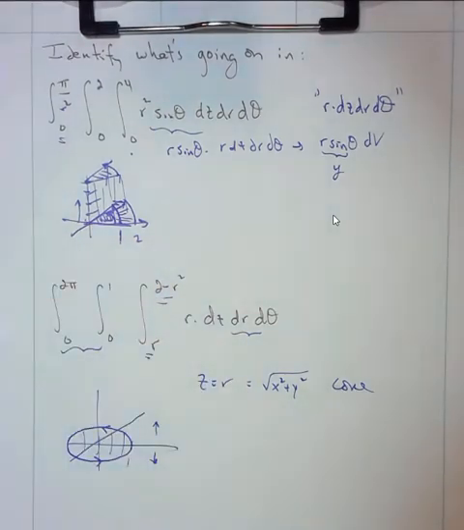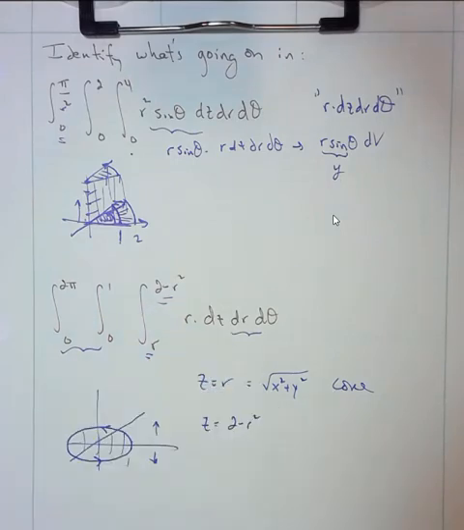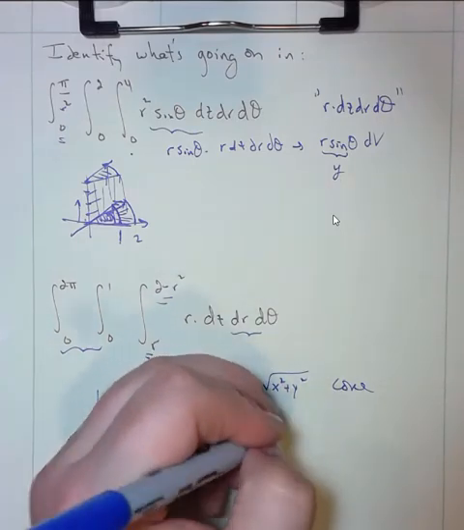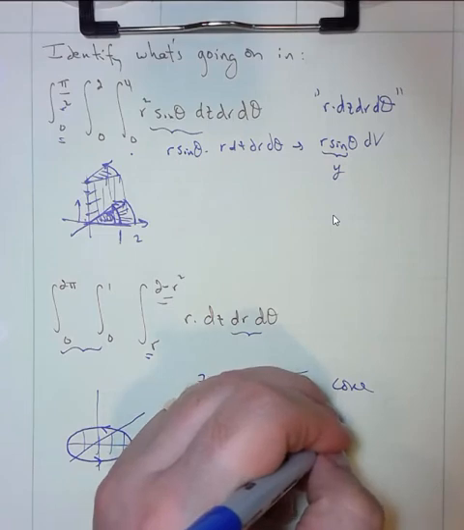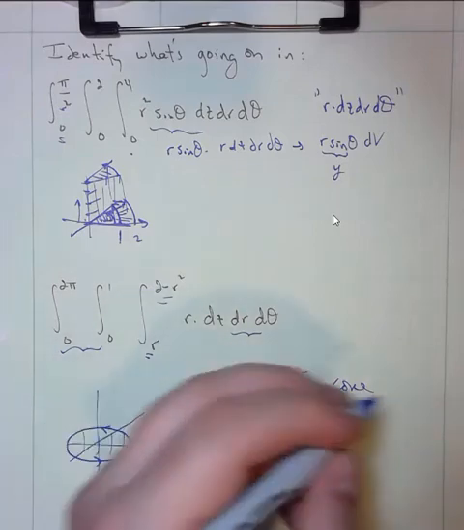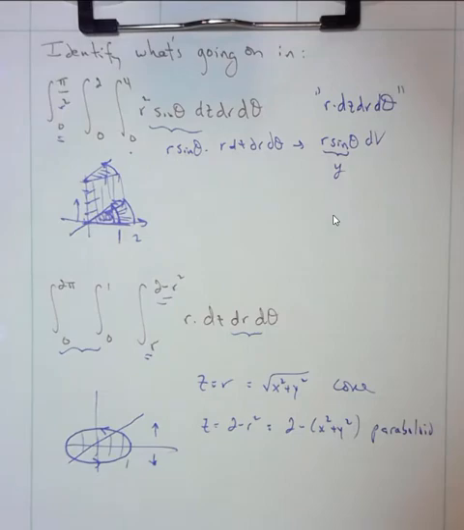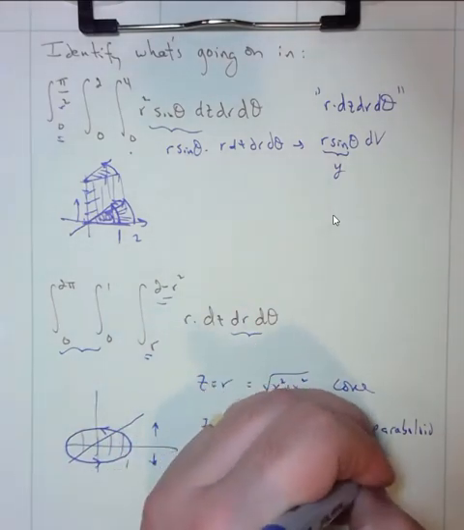The upper limit of integration is z equals 2 minus r squared, which, to put in more familiar territory, using the conversion formula r squared is x squared plus y squared, that's a paraboloid. And in fact, it's upside down because it's 2 minus (x squared plus y squared).